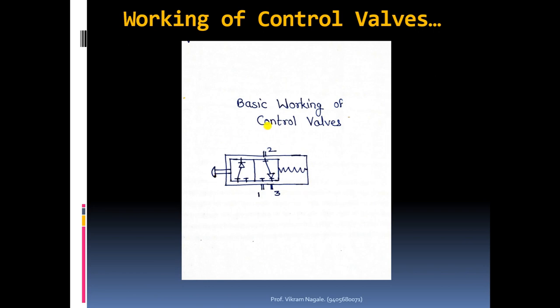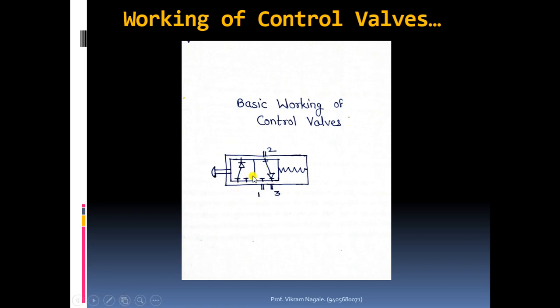Either we can apply compressed air flow on the right hand side, or we can apply a roller lever on the right hand side, or somehow we have to apply pressure on the right hand side.